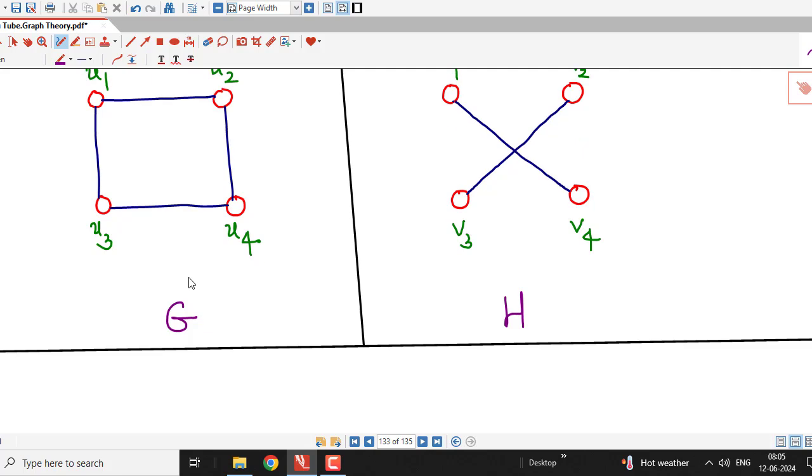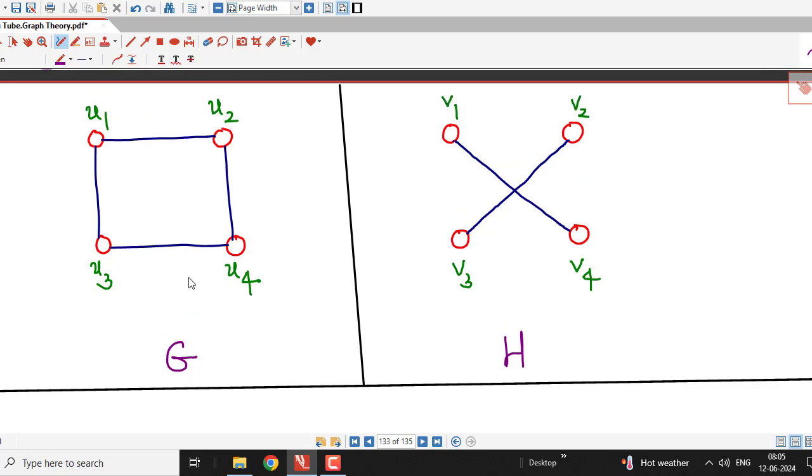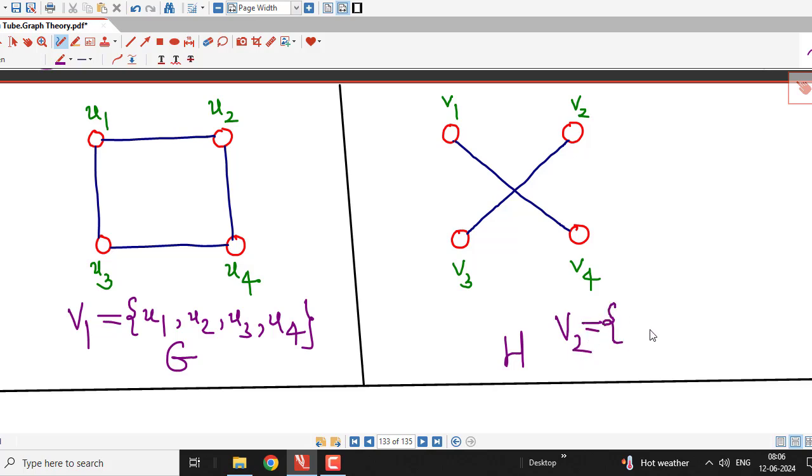The first thing we notice is that both graphs have the same number of vertices. Here the vertex set is u1, u2, u3 and u4, and the vertex set of graph H also has 4 vertices, v1, v2, v3 and v4.